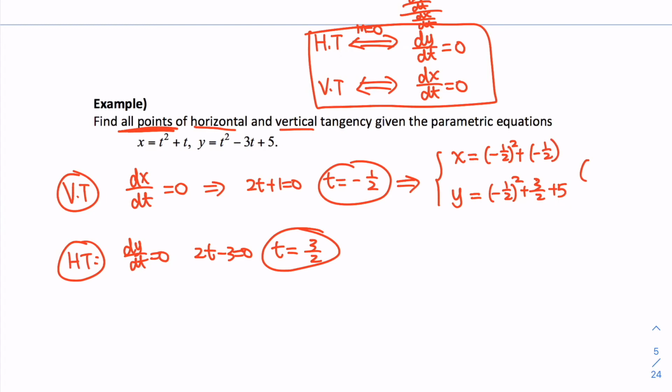So it's 1/4 minus, this is negative 1/4, and then 1/4 plus 6, 27 over 4. That's the vertical tangent. And the horizontal tangent, we do the same thing. We plug 3 over 2 in. So it's 9 over 4 plus 6, so it's 15 over 4 and 11 over 4.